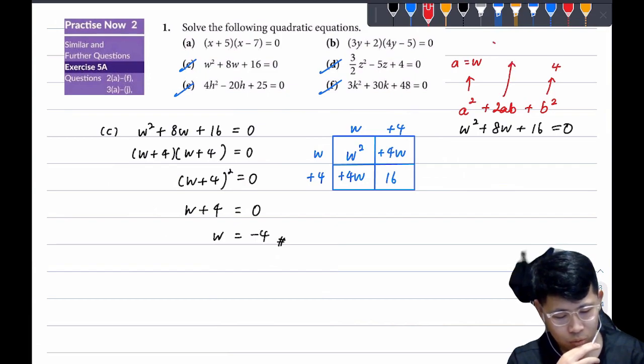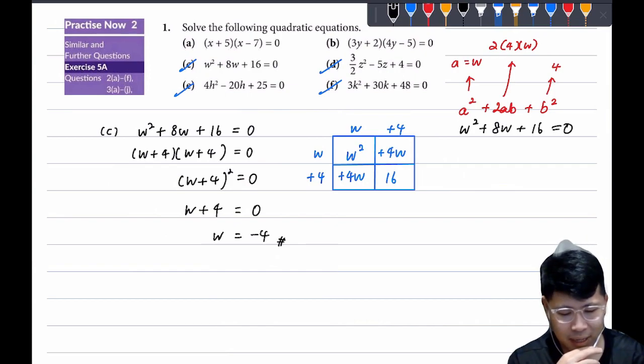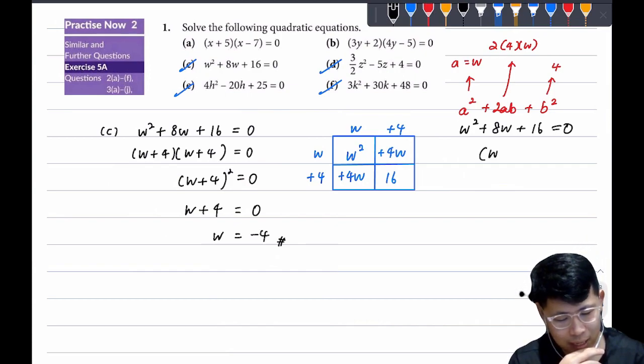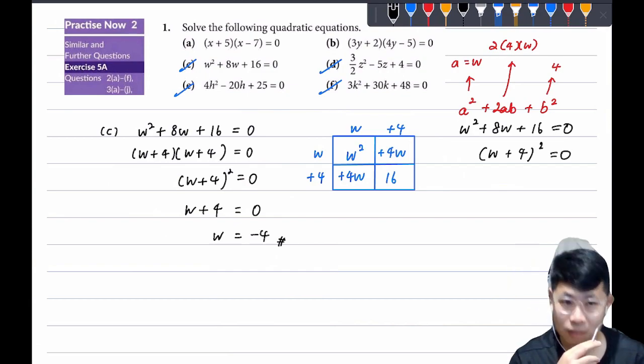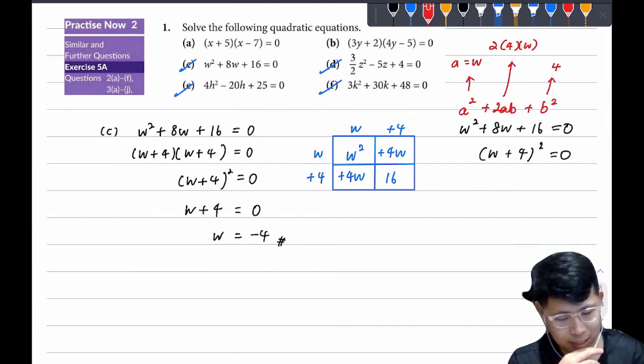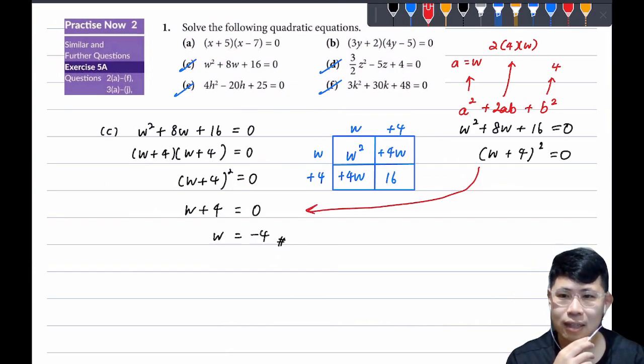So 2ab will be 2 times 4w, so just nice, it will be 8w back here, right? So it is in the form of a squared plus 2ab plus b squared. So we can factorize this to (a plus b) squared, and then the whole process of factorization will be back over here. Okay, so this is the first question that we want to solve for the quadratic equation.